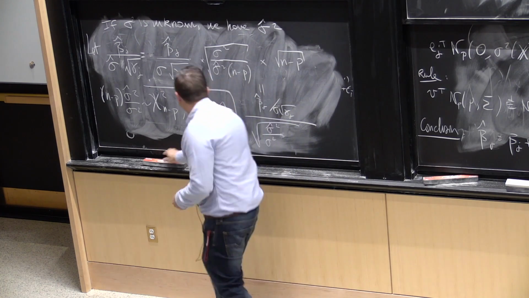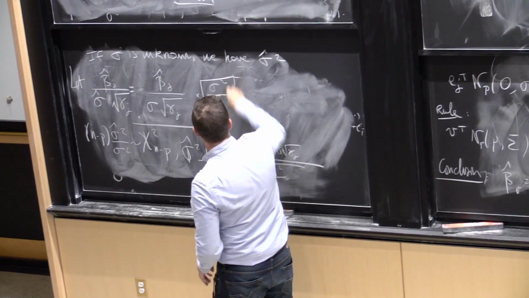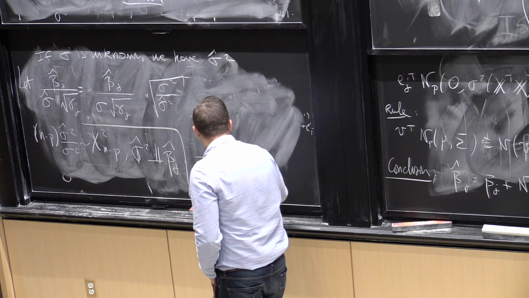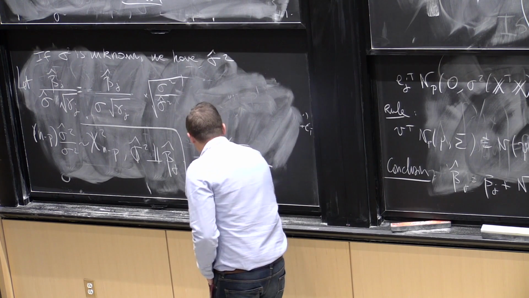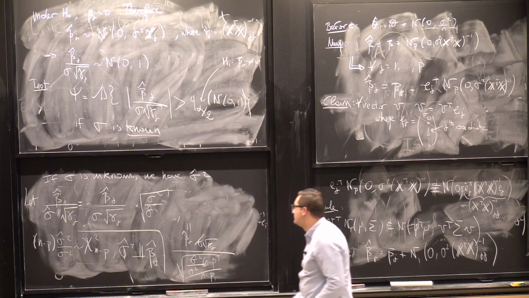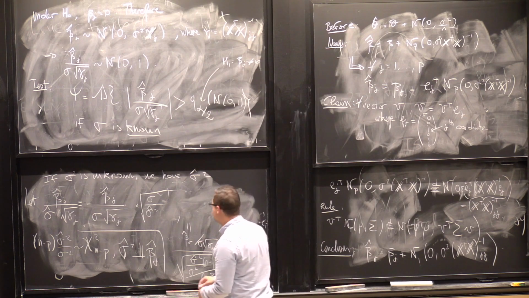No, I don't want to divide it by square root n minus p, sorry. And now it's times n minus p divided by n minus p. OK? And what is the distribution of this thing here?